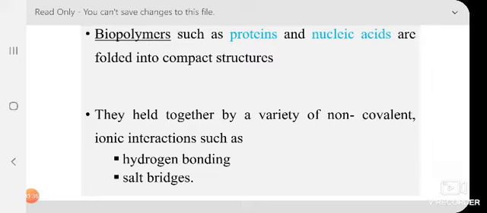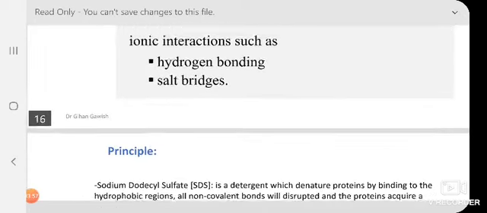There are different forces which stabilize this tertiary, 3D structure. They are held together by a variety of non-covalent ionic interactions. If it is an ionic interaction, that means hydrogen bonds and salt bridges can be considered. But there are other interactions also present, that is, hydrophobic interaction.